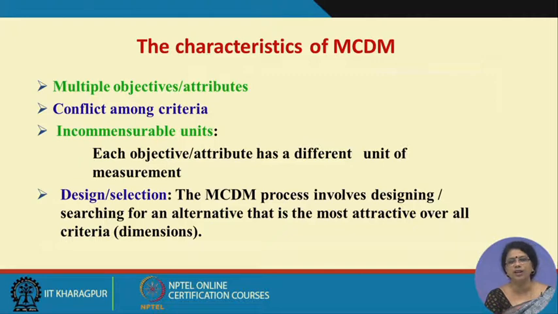Why are we calling it a multi-attribute decision making problem? Because whenever we are selecting a candidate for a certain position in an organization, we look at a few attributes. First of all, what is the academic qualification of the candidate? What is the IQ level of the candidate?